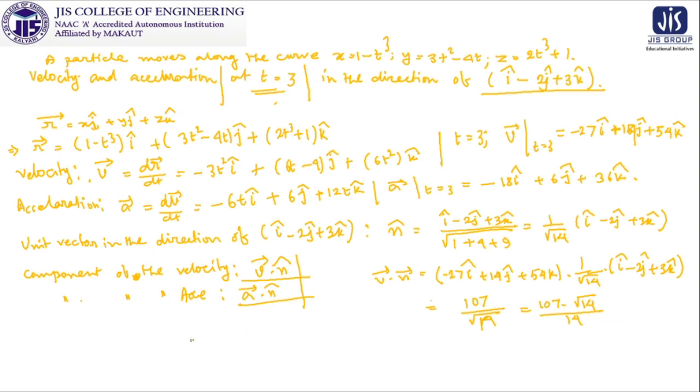Only a dot n is left to be calculated, and we know a at t equal to 3 and n. After simplification, the value will be 39 root 14 by 7. It is left for you to work through this for your own benefit.